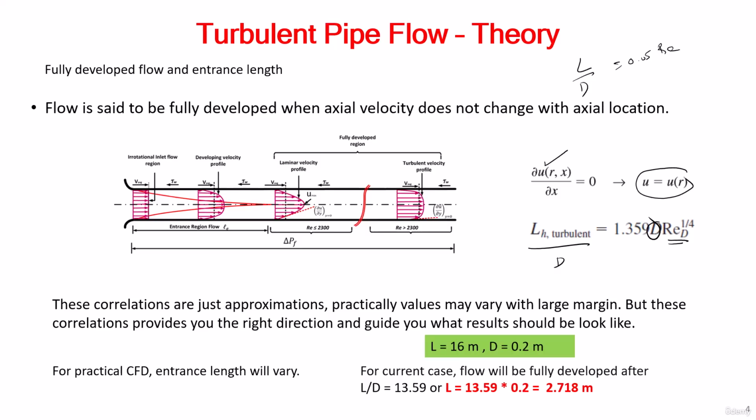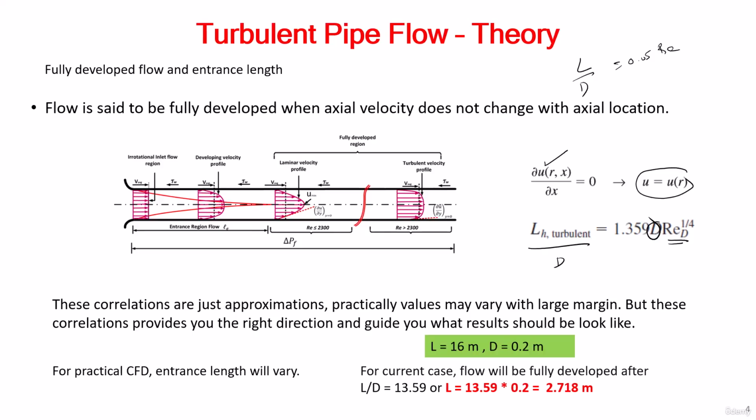So for our case, the L/D where the flow becomes fully developed, the entrance region, is equal to 13.59. That is a higher value than the laminar pipe flow at a Reynolds number around 100, where the value was 5.